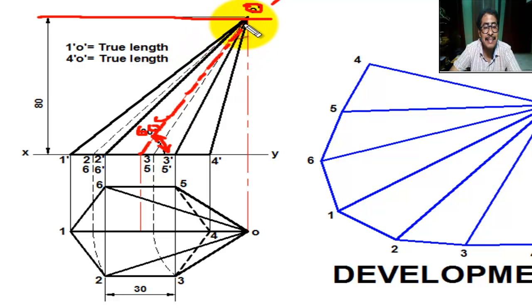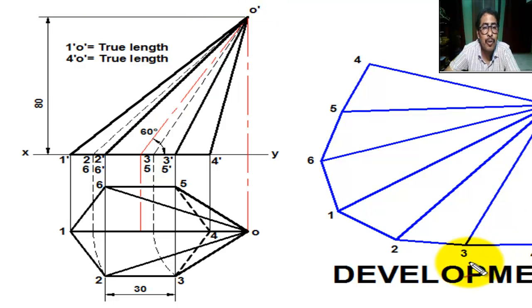This is the intersection of the axis and parallel line. This is the vertex of the oblique hexagonal pyramid.